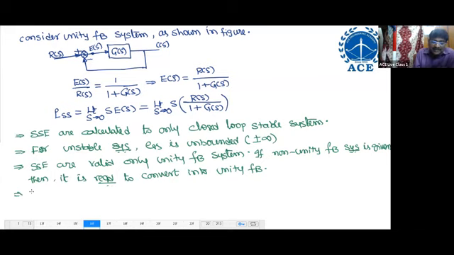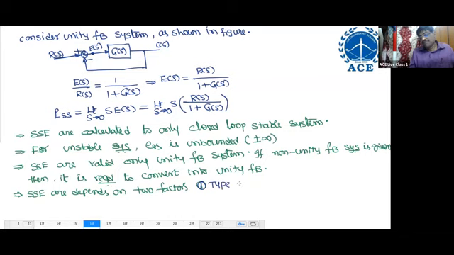Steady state errors depend on two factors. First one, type of input, that is R of s.